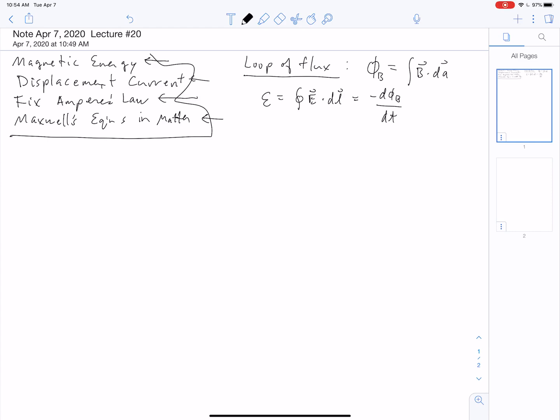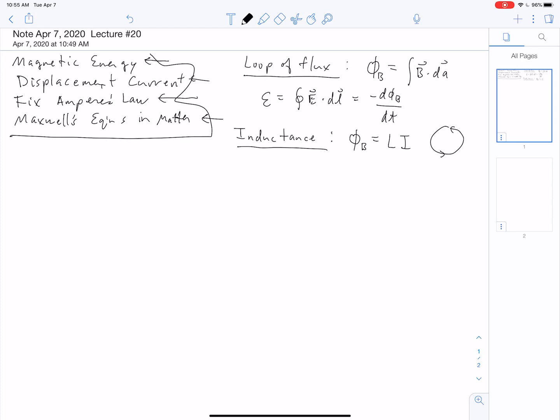And then we were talking about this in terms of inductance. For example, if I have an object, then I know that the self-inductance is L. If the self-inductance is L, then the flux through that object is the self-inductance L times the current that flows through it. So this is just for a very simple system.